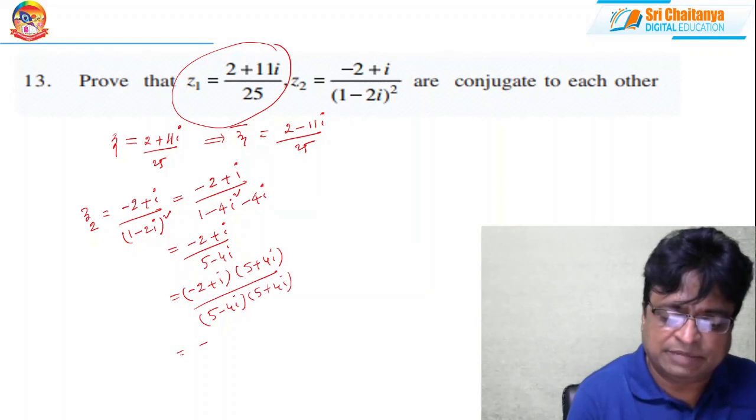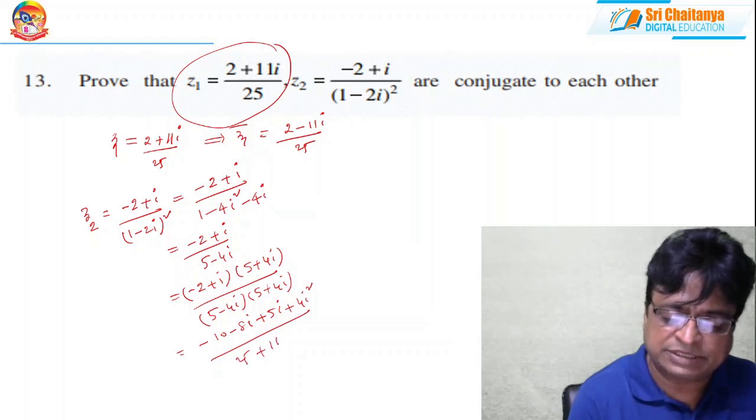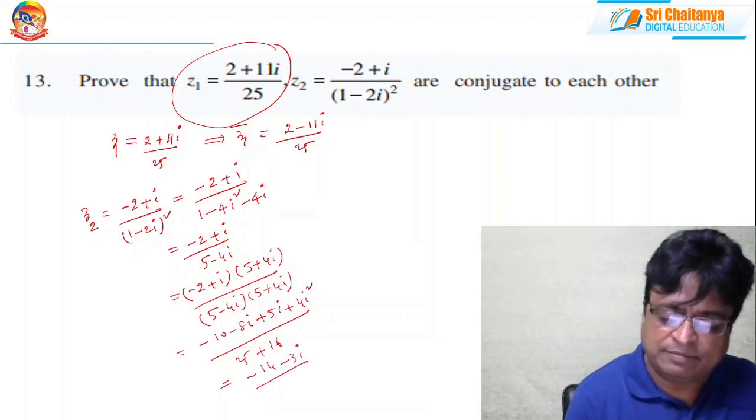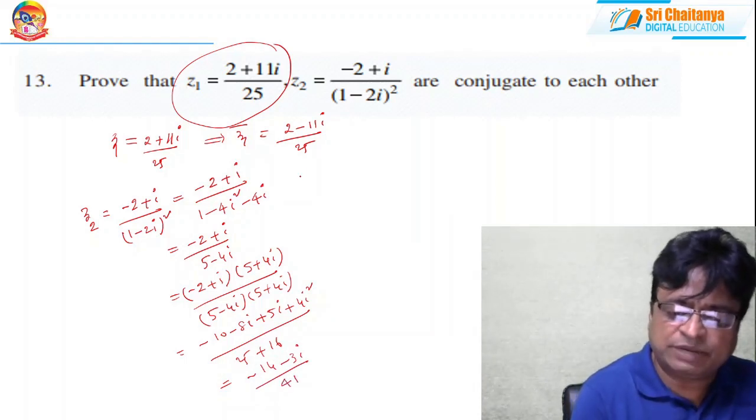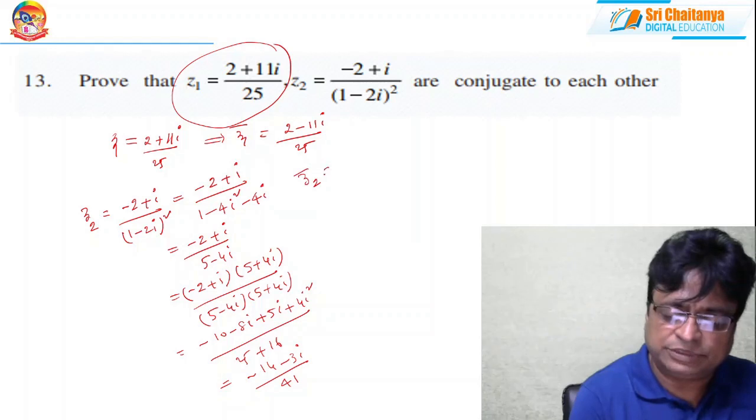This is minus 10 minus 8i plus 5i plus 4i square by the denominator 25 plus 16. So it is minus 14 minus 3i by 41. So what is my Z2 bar? Z2 bar is (minus 14 plus 3i) by 41.